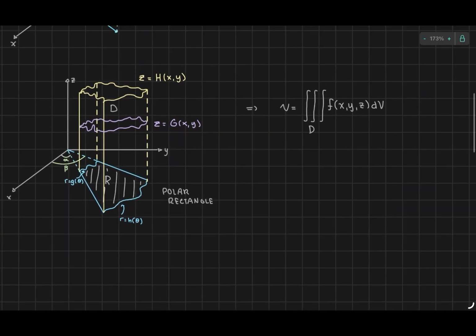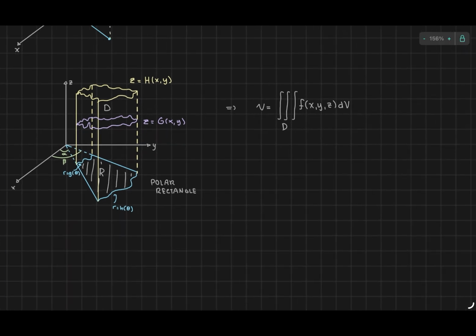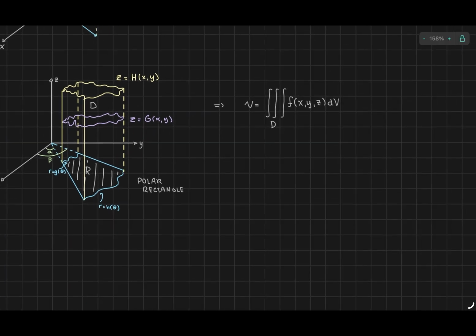So how are we going to compute the volume of that D? Well, we're going to have the triple iterated integral, I apologize, of 1 dV if we're trying to calculate the volume here. So how are we going to represent this triple iterated integral in cylindrical coordinates?